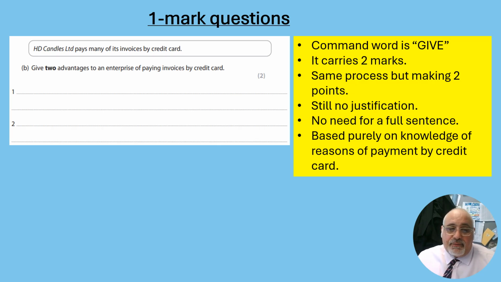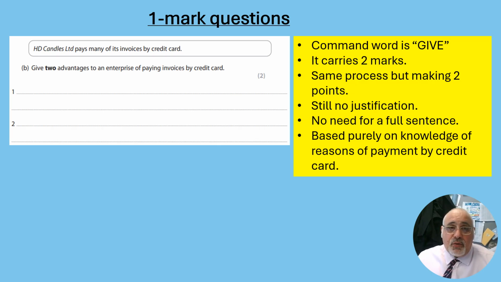It says for 2 advantages to an enterprise. A lot of students make mistakes here by just giving 2 advantages that may be from a customer point of view. But in the question, it does state to an enterprise. Therefore, you need to be very careful of reading the question and making sure you know what it's asking you.